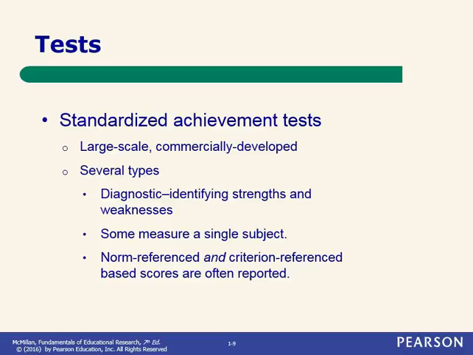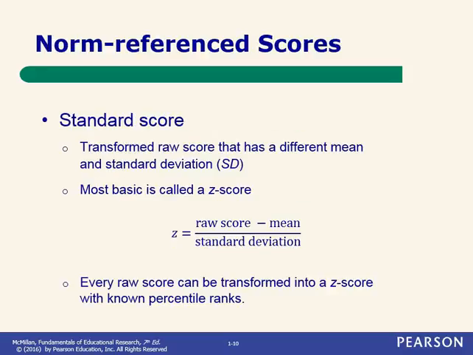And so you can see a note here on this slide that standardized achievement tests are norm referenced and criterion referenced, and in both of those bases, scores are reported. So if we think about norm-referenced scores, it's about determining the standard score and then where an individual score deviates from the mean. And so we get the score and then the standard deviation.